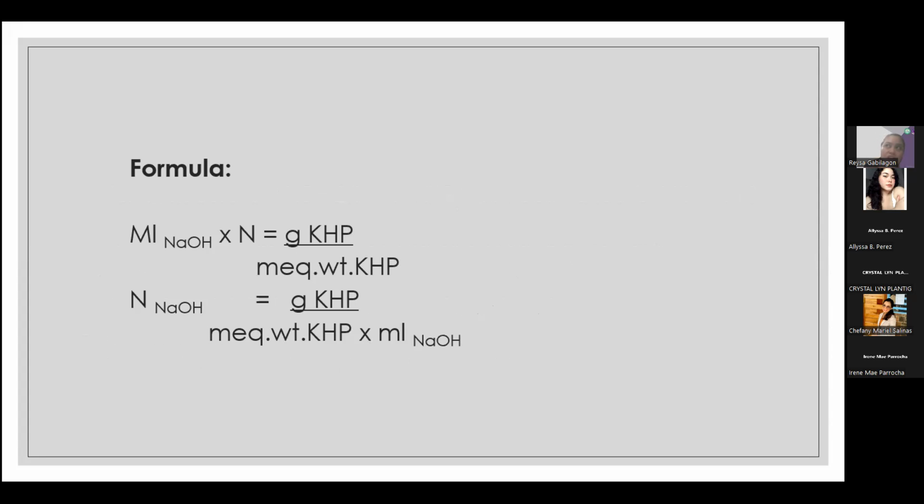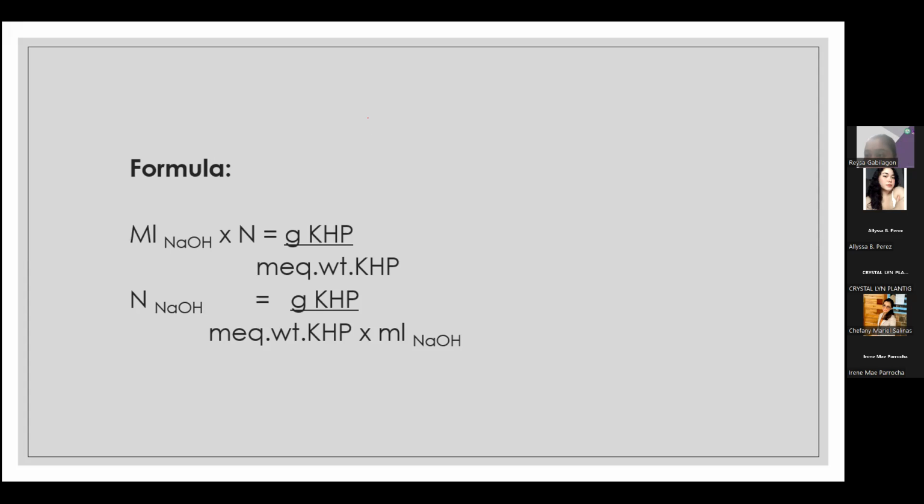Now, in titration class, we always assume na mag-annotate ako ha. We assume, class, that the normality of the analyte or even the molarity, let's just add molarity here, will be equal to the normality or the molarity, and that is referring to the concentration of the titrant.